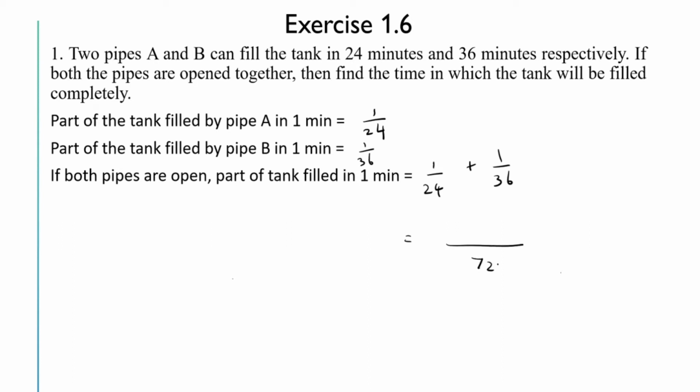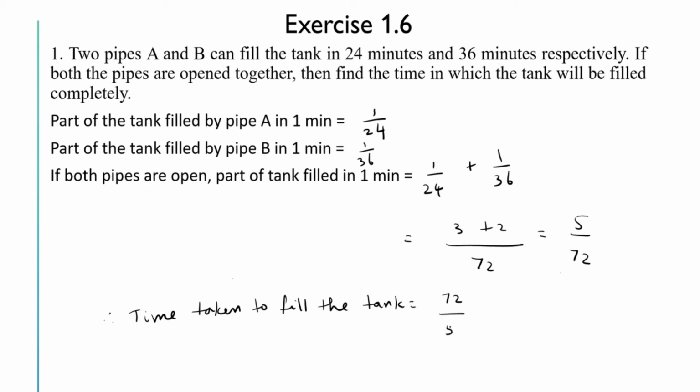Here we have LCM 72. Here 3 plus 2. So, this is equal to 5 by 72. Therefore, the time taken to fill the tank will be the reciprocal of 5 by 72, which is 72 by 5.